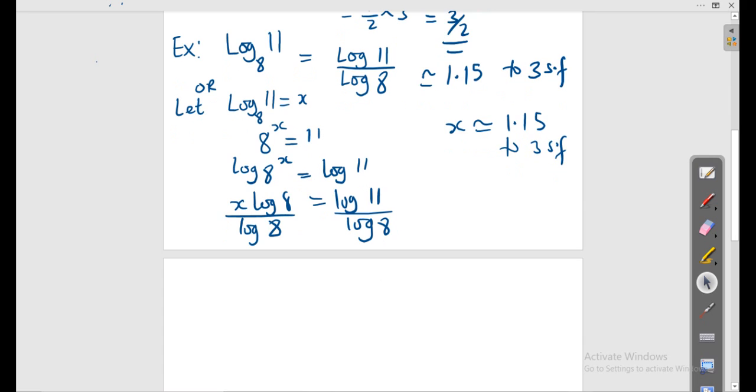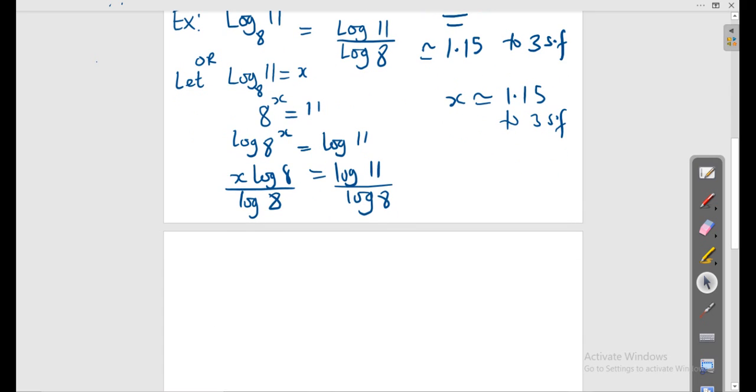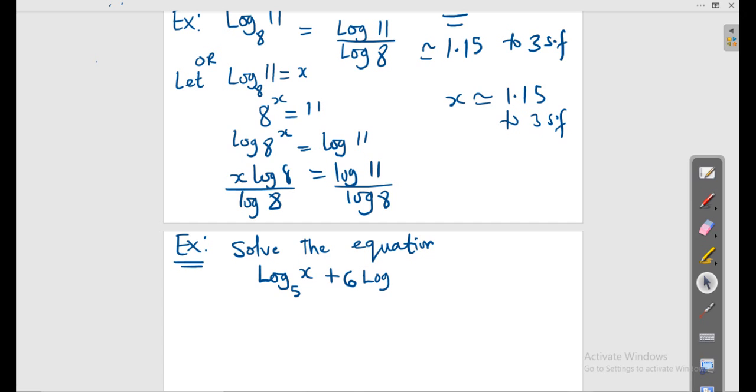Now, before we go, I would like us to consider an extended question, and this will be the last example for this particular law. It says solve the equation log x base 5 plus 6 log 5 base x is equal to 5.